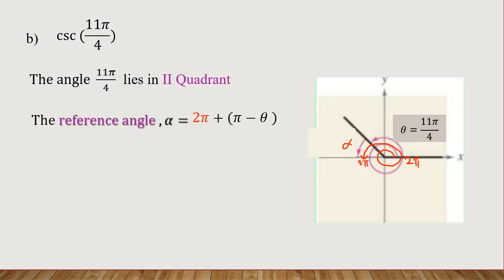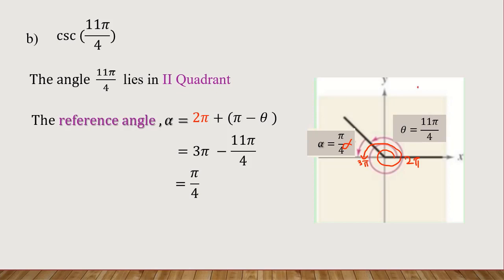Therefore we may use 2 pi plus pi minus theta for the reference angle. So we have 3 pi minus 11 pi over 4, and we will get the value of pi over 4 as the reference angle alpha.